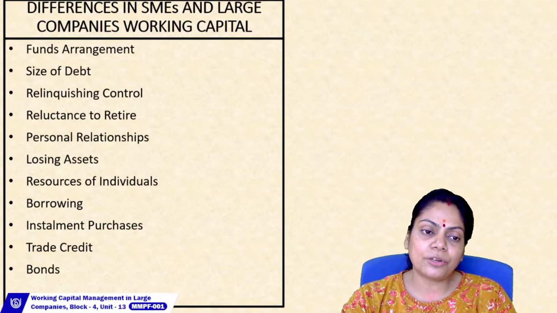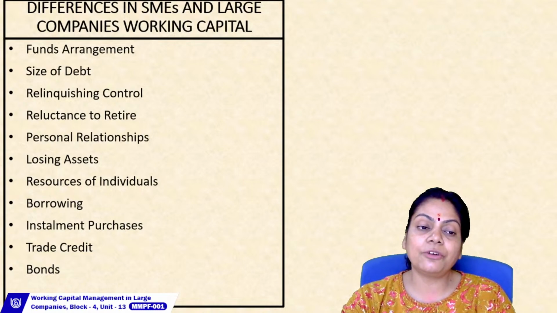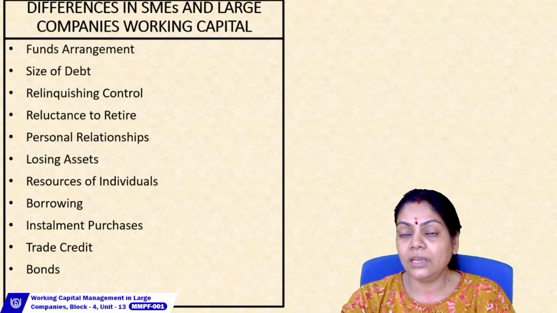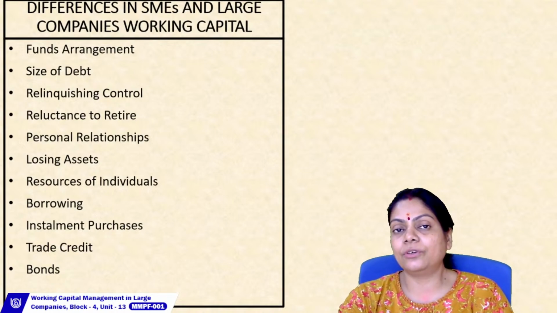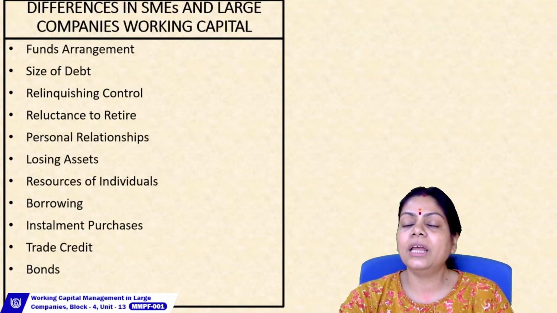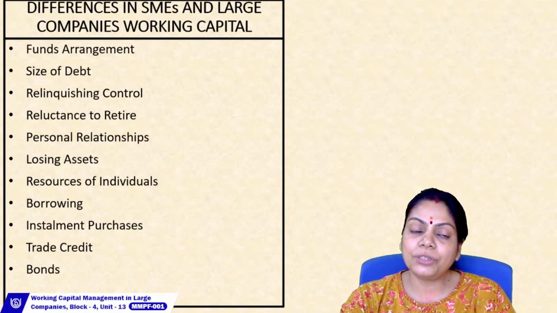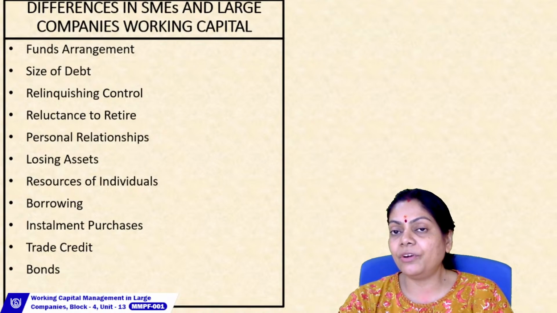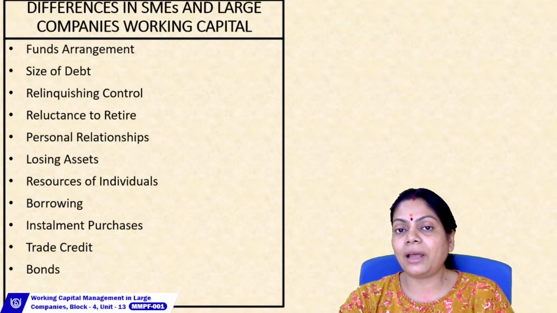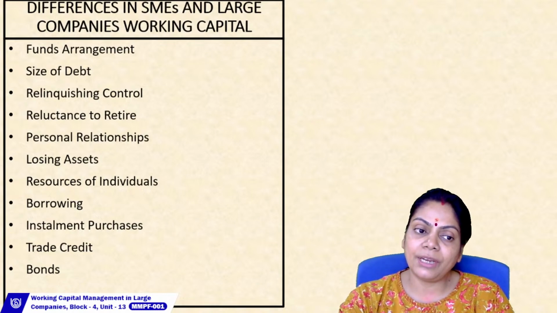You can talk about the personal relationships. When a small organization tries to arrange for funds, then they usually approach the relatives. Okay, this is a typical scenario in India, that when you are in a small business, you typically try to arrange finance. You don't straight away go to the bank, or you don't try to tap any other marketplaces to get the finances.